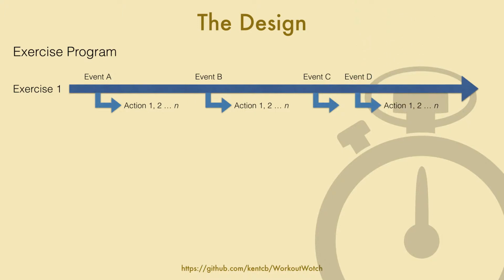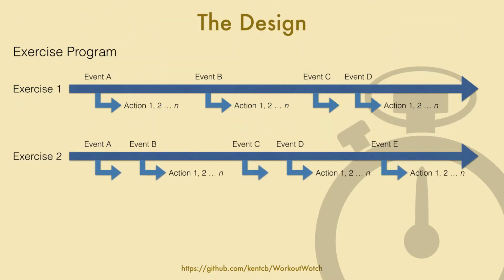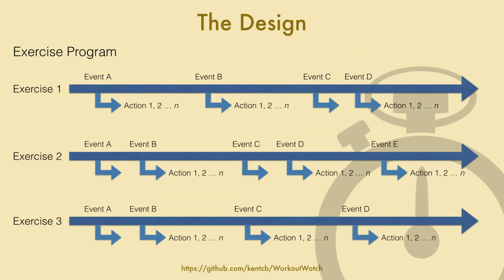But notice that I've also tried to represent time on the horizontal axis here, such that event A, B, and D actually take up time, whereas C doesn't have any actions associated with it. So the exercise immediately progresses onto event D. So it's actually the actions that are taking up time, not the events. And as I say, there can be any number of exercises in an exercise program.